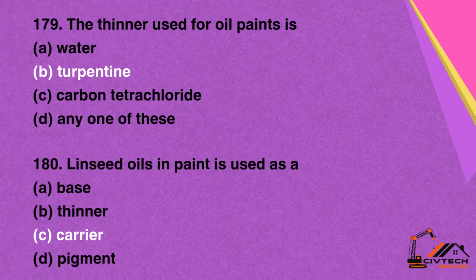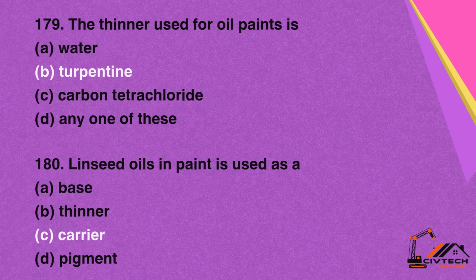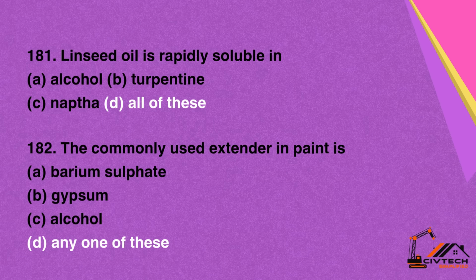180. Linseed oil in paint is used as A. Base, B. Thinner, C. Carrier, D. Pigment. Correct option, C. Carrier. 181. Linseed oil is readily soluble in A. Alcohol, B. Turpentine, C. Naphtha, D. All of these.